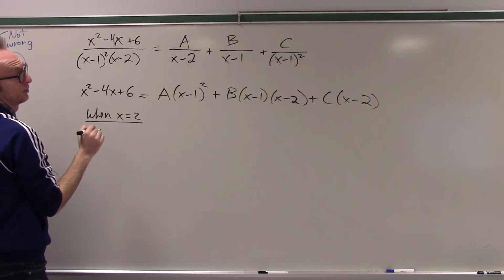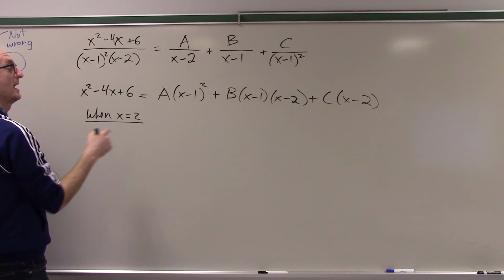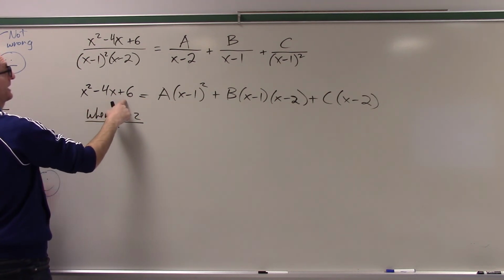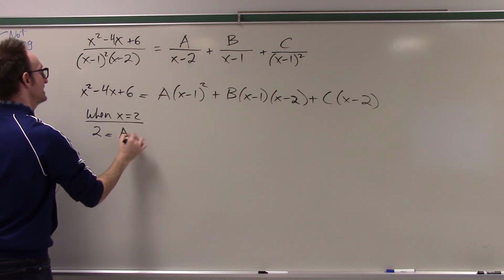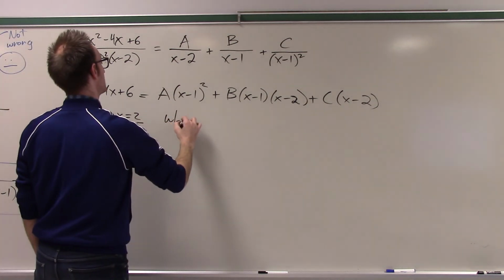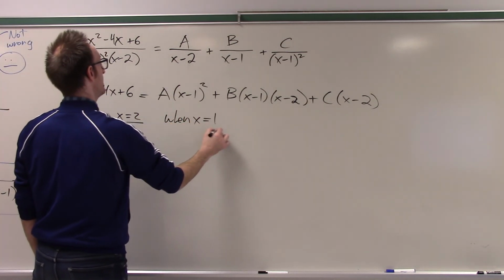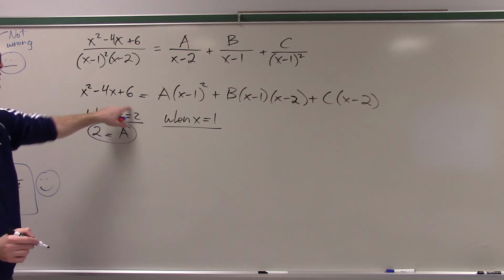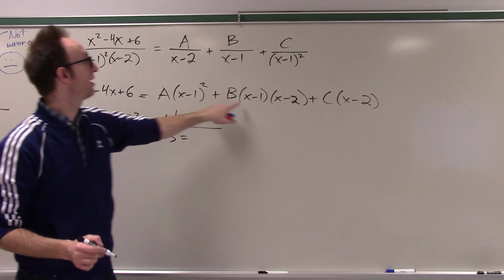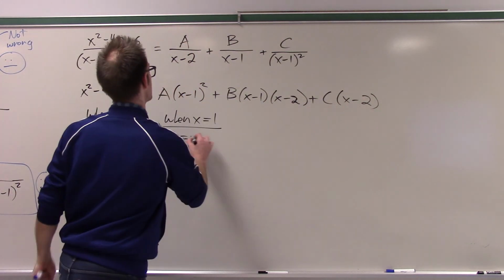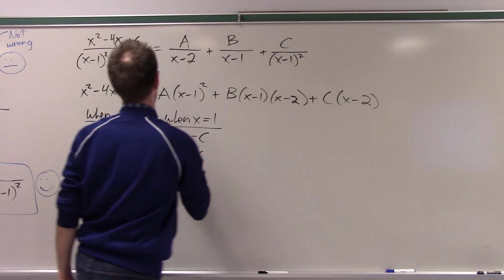If I do that, then once again I'm going to get 10 minus 8 is 2 equals a, so I know that a is 2. Then I can plug in x is 1. If I plug 1 over here, I get 7 minus 4 is 3. When I plug 1 over here, all of that dies and I get negative c, so c is negative 3.